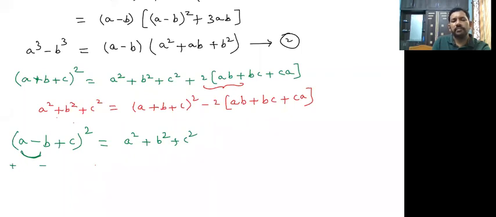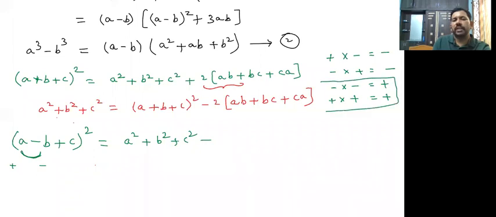Positive into negative is negative; negative into positive, negative; negative into negative, positive; positive into positive, positive. If the two signs are the same in multiplication, you get positive; opposite signs, you get negative.